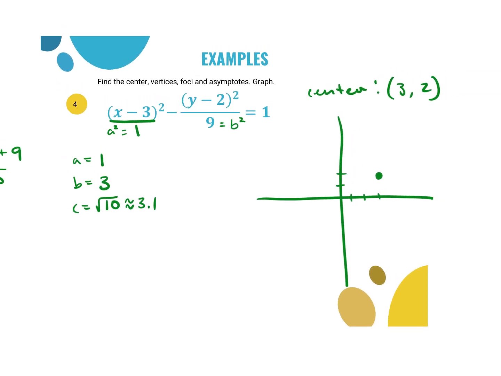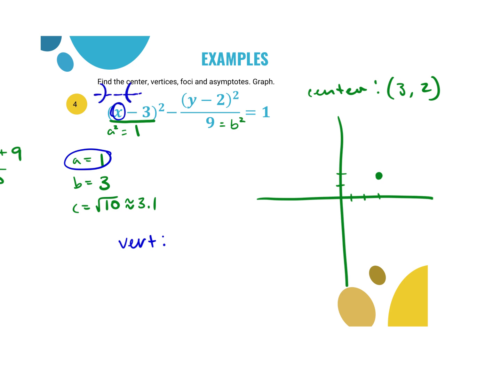So let's put our vertices. What tells me how far I go for my vertices? A. And because I didn't do this in the beginning, but because x went first, do I have a horizontal transverse axis or a vertical transverse axis? Horizontal transverse axis.